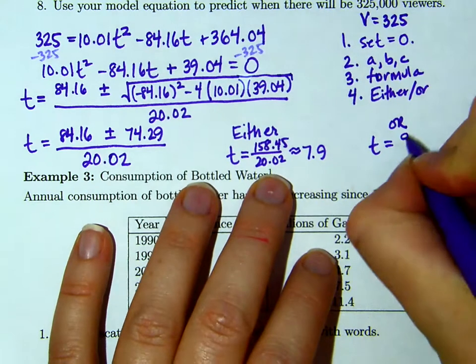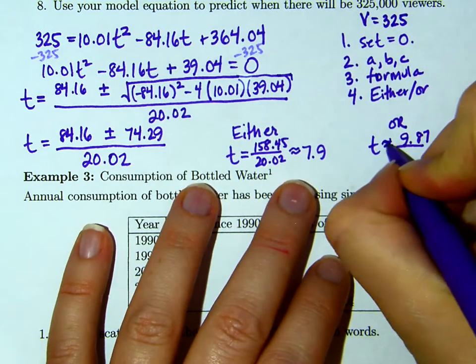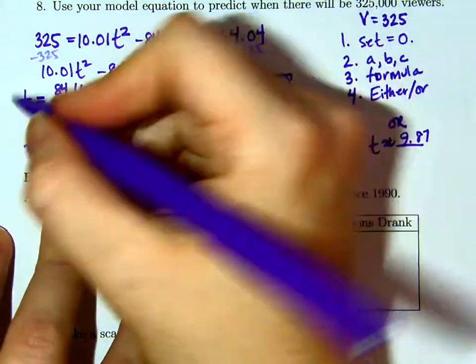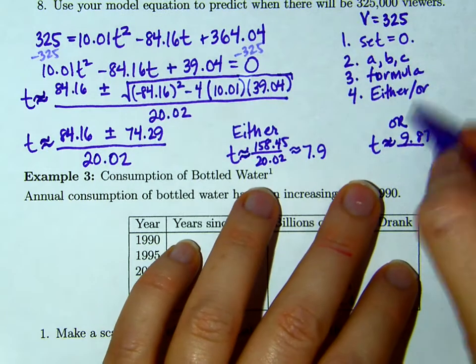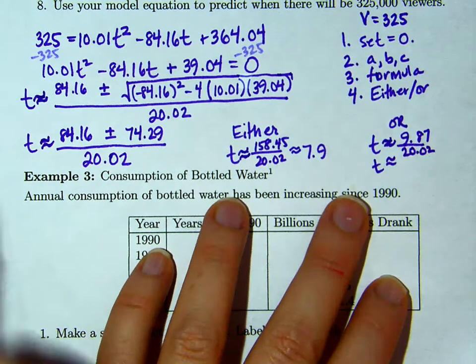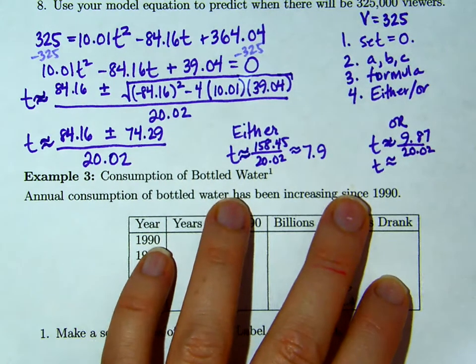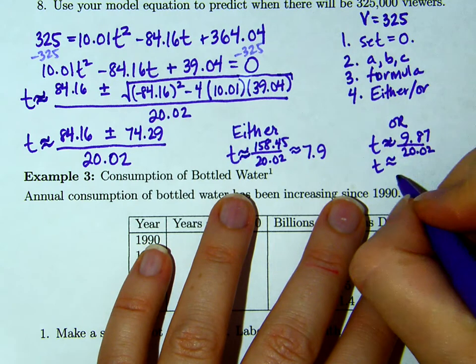We get 9.87. These should all be approximations. We've done rounding. Okay. Or t is, divide by 20.02, is approximately 0.5.